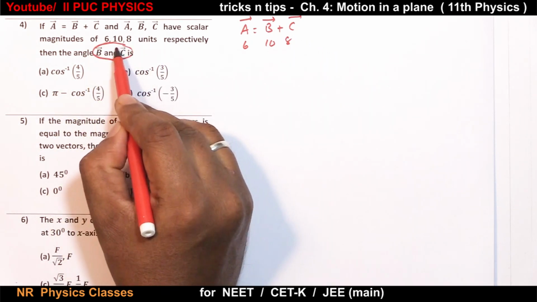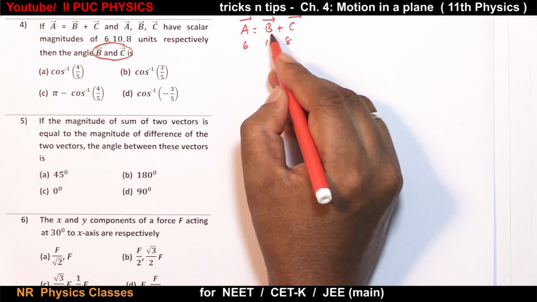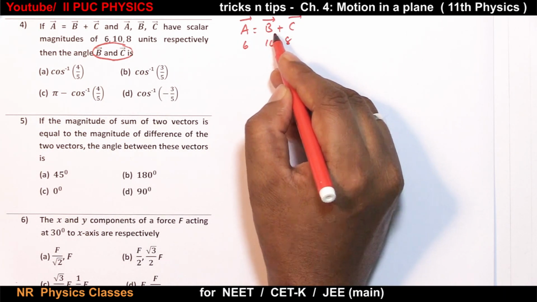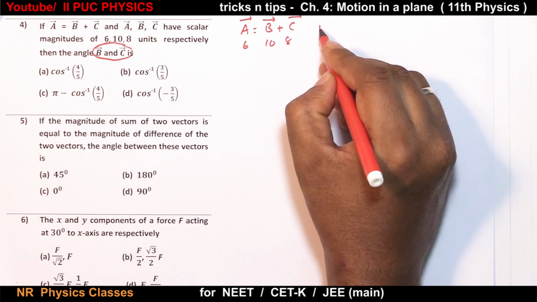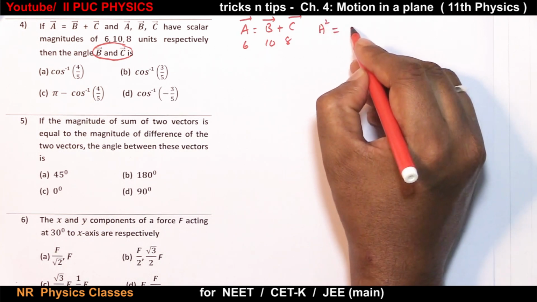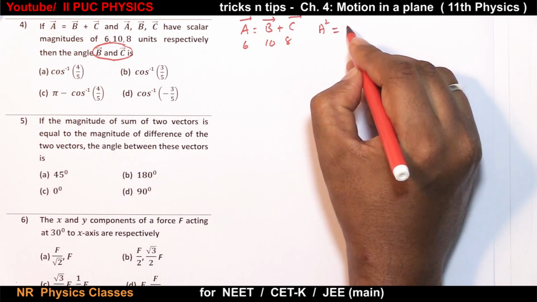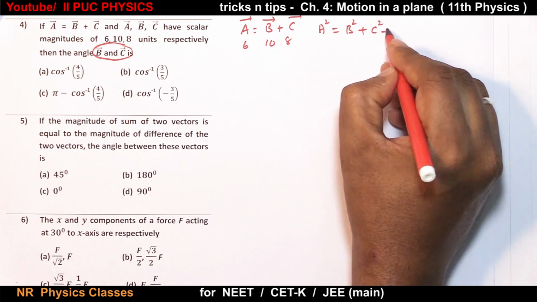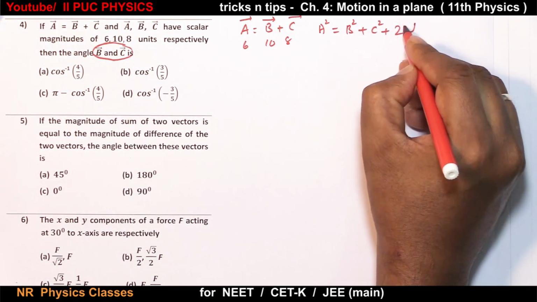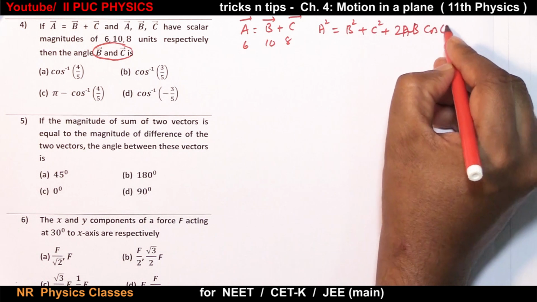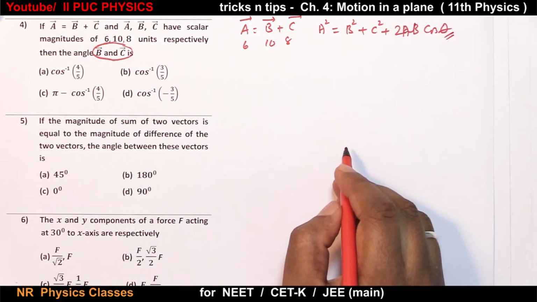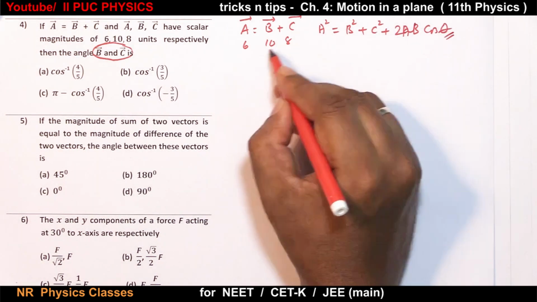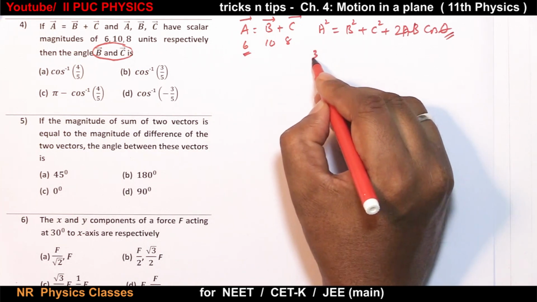Angle between B and C means, let us use the formula for the magnitude of the vectors. That is A square equals B square plus C square plus 2BC cos theta, and we have to find theta. A square is 36.